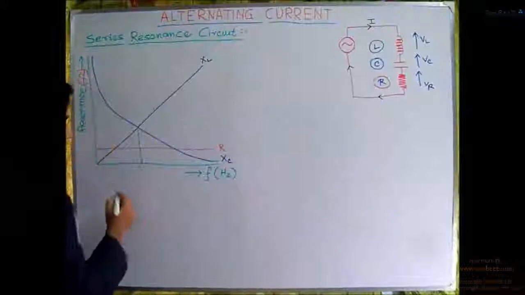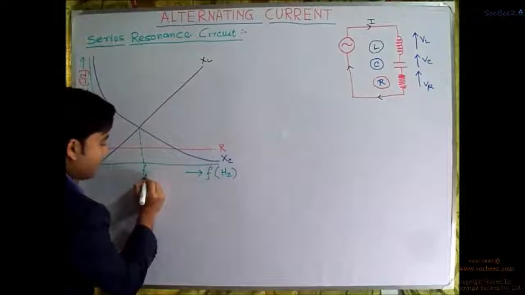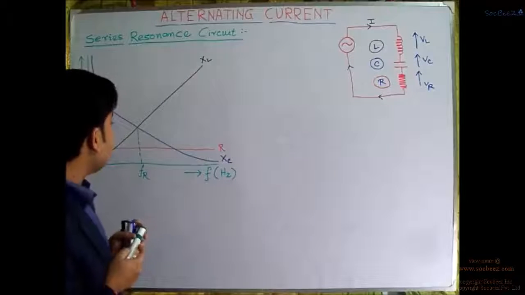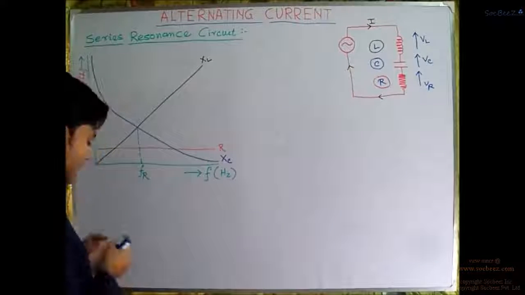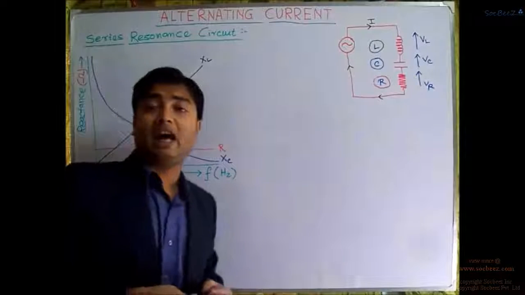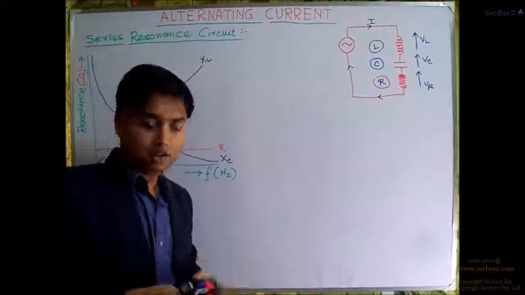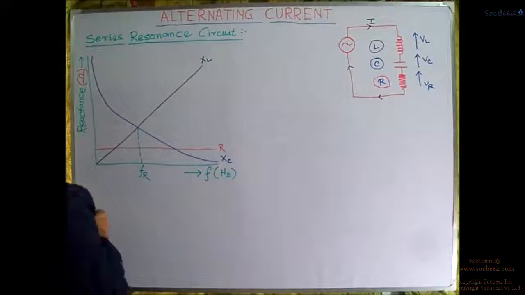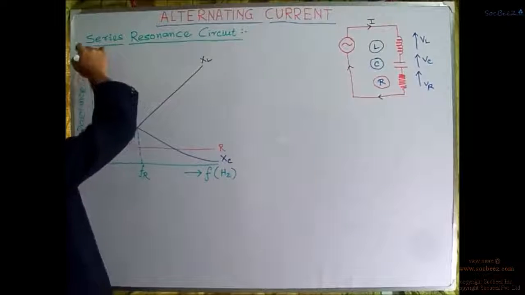So let us denote this particular frequency by Fr. Okay? Now let us try to make the graph of XL minus XC, right?